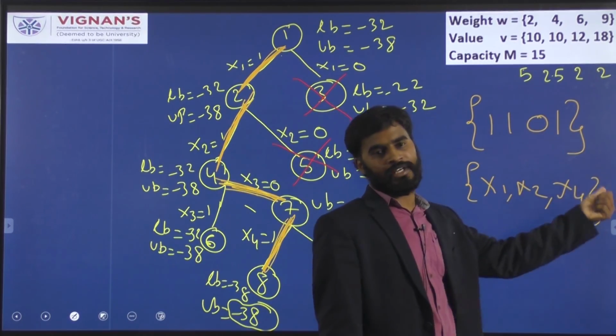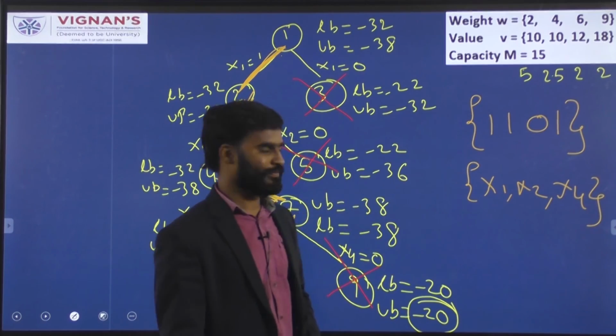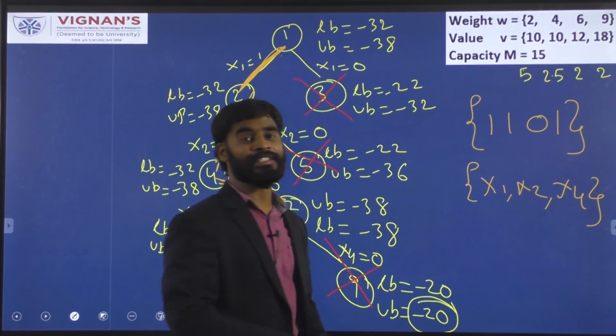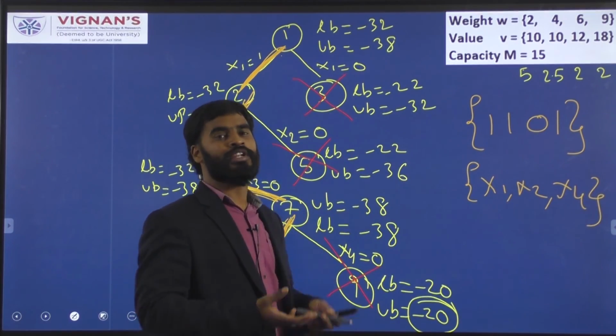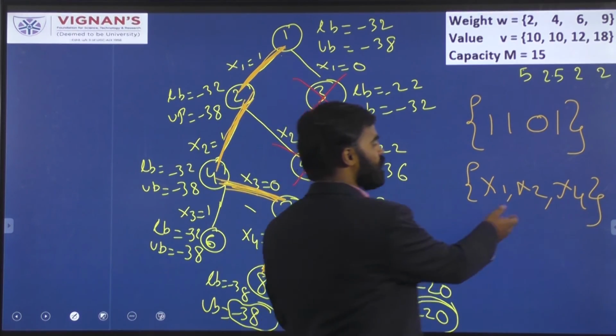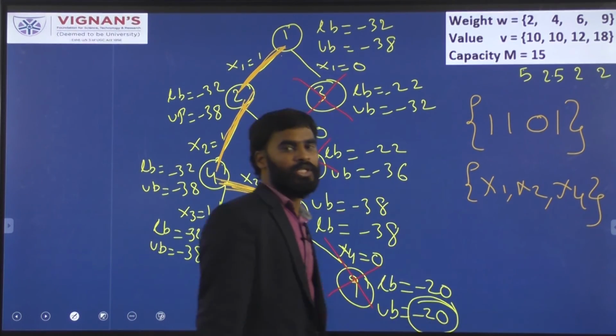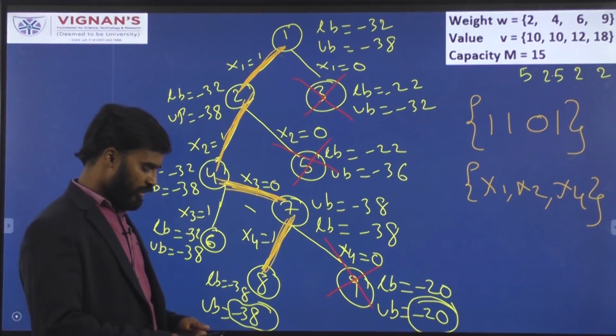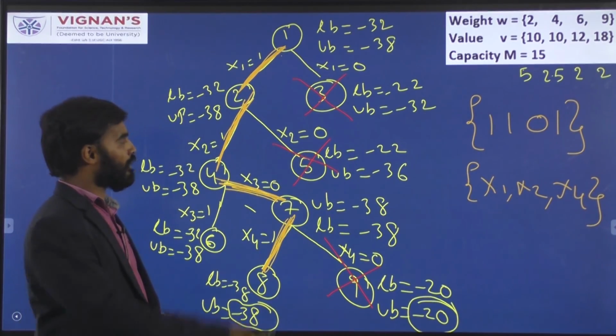In a subset solution, we specify only the selected items: x1, x2 and x4. So this is the optimal solution for the given knapsack problem.